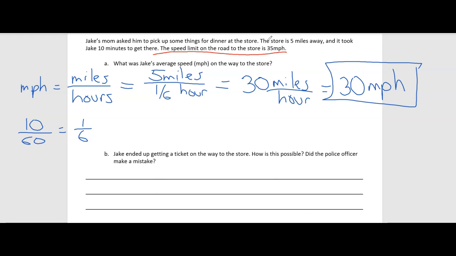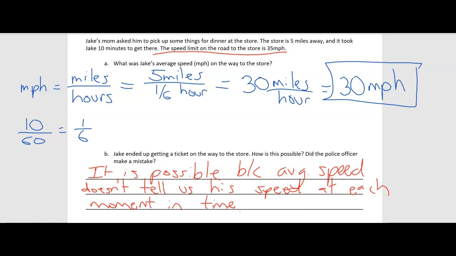Maybe he was stopped at a stoplight, etc. So it is possible. I went ahead and just wrote down the explanation while I paused the video just to save some time. But it is possible because the average speed doesn't tell us his speed at each moment in time.